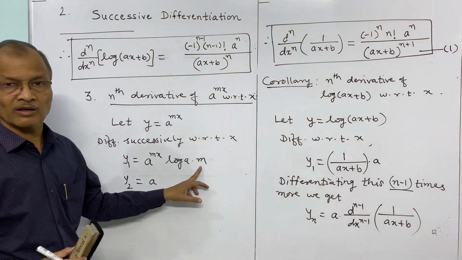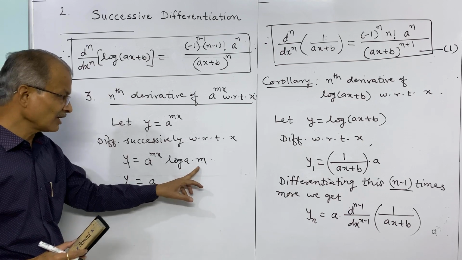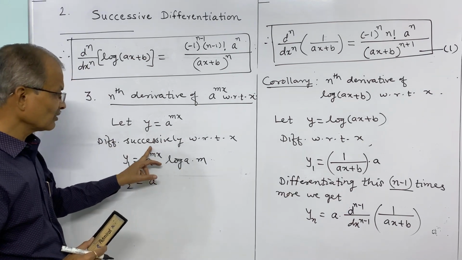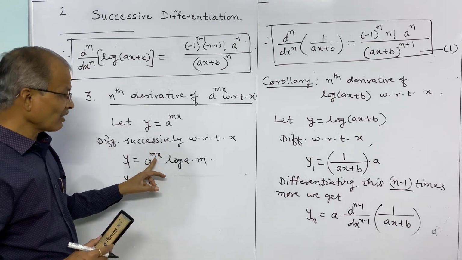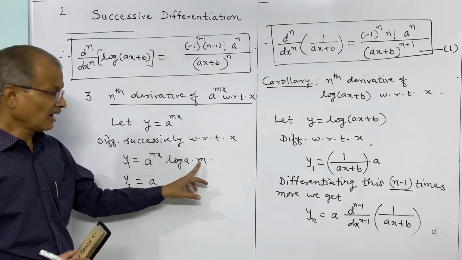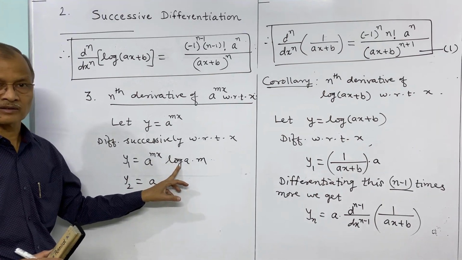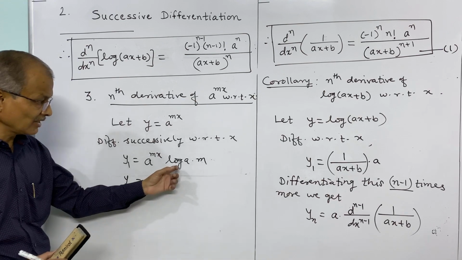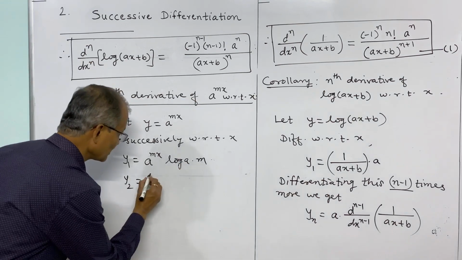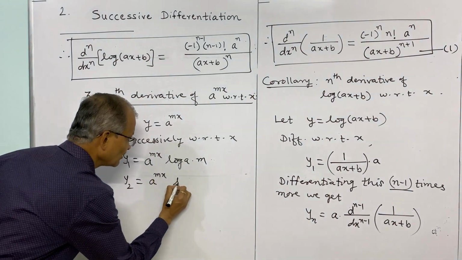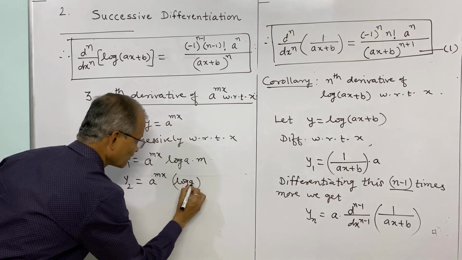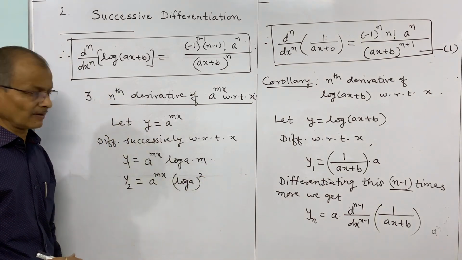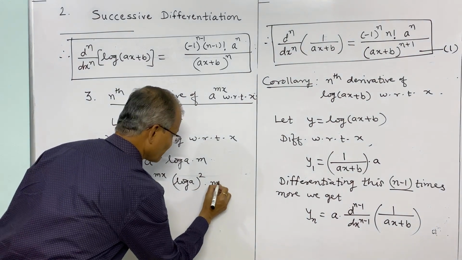y2 will be again the derivative of this a to the power mx. Log a into m is constant, so this will remain the same, and the derivative of a to the power mx is again a to the power mx into log a into m, and therefore these terms will be double terms, and it will be the square of these two terms. So that is a to the power mx into log a whole square. We must write it like this: log a into log a and m square.